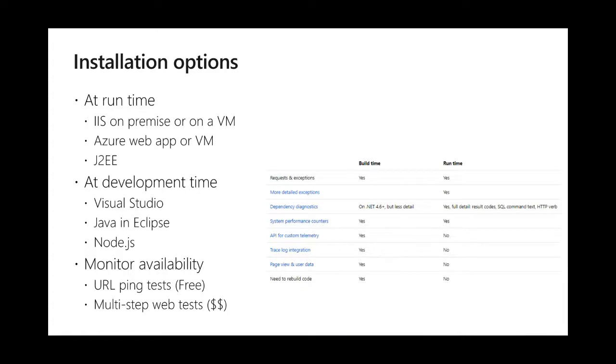But if you want more in-depth information, if you want to be able to trace the logs, to be able to debug, okay, this is what went wrong, this was the call that generated this exception, you will want to consider application insights that needs to be added at development time. So what does this mean?